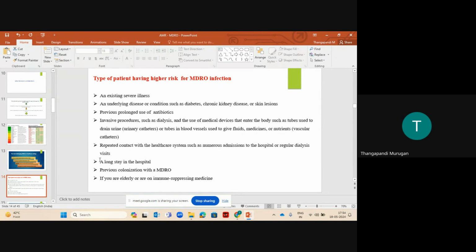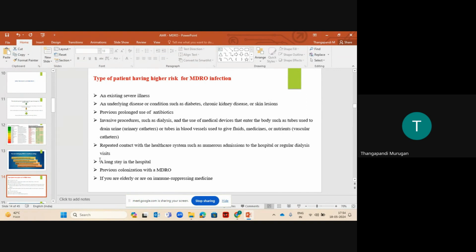If the colony count is 10 power 2 or 10 power 3, it is colonization. So if the physician is switching the antibiotic, we need to convey to them, sir, it is colonization, there is no need to treat.